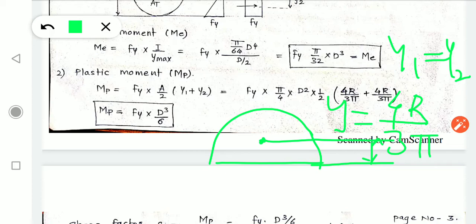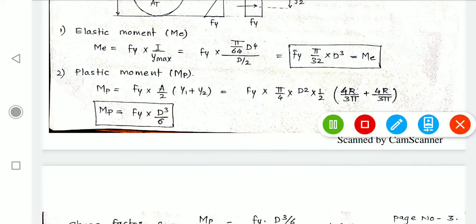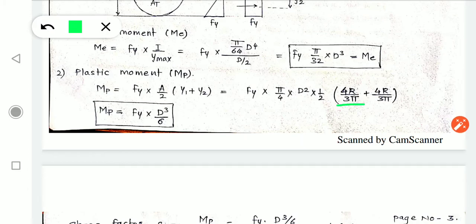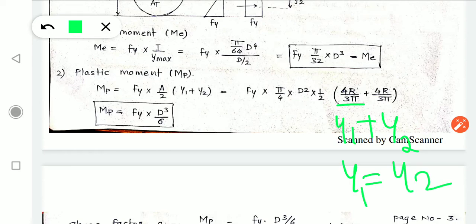This formula you must have learned under SOM. I will not explain how it is formulated, but we will use it now for further analysis. So we are using that formula over here, 4r divided by 3 pi. Y1 equals y2 because it is a symmetrical section. Therefore, for y2 also we are writing 4r divided by 3 pi.